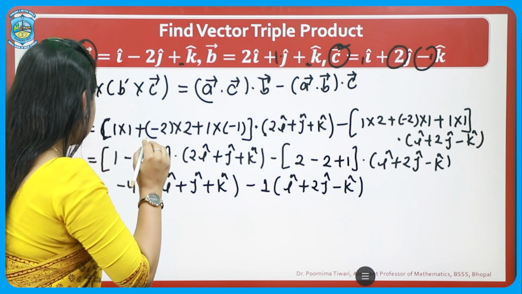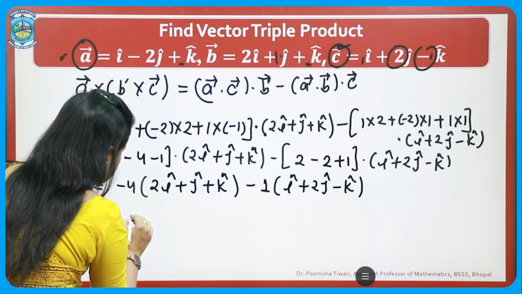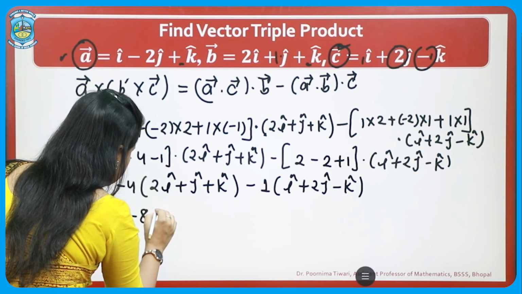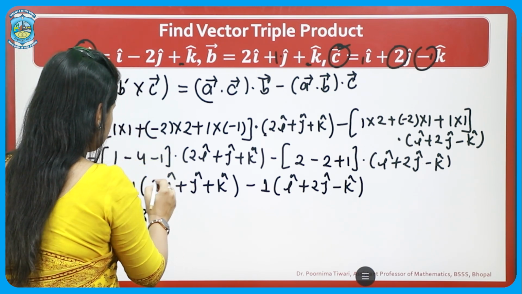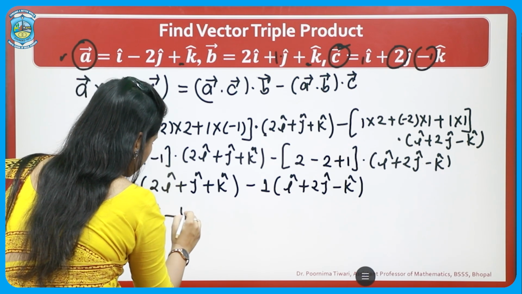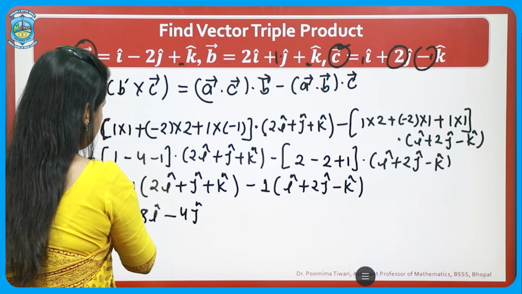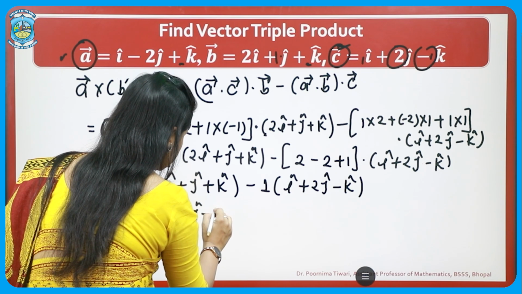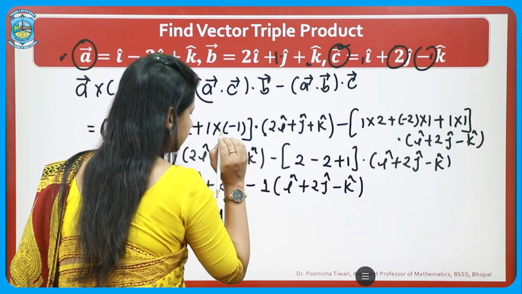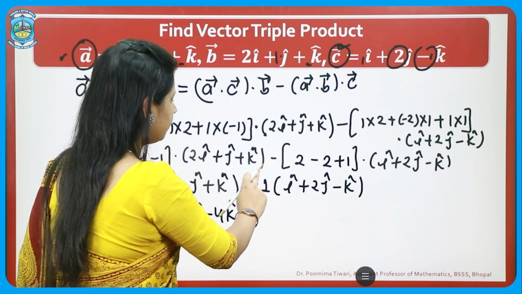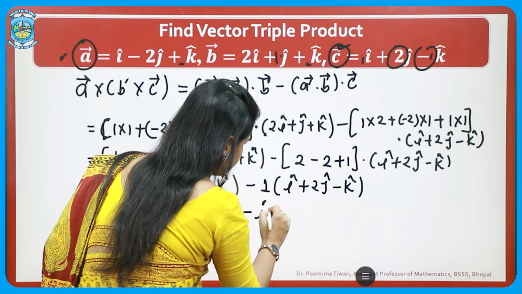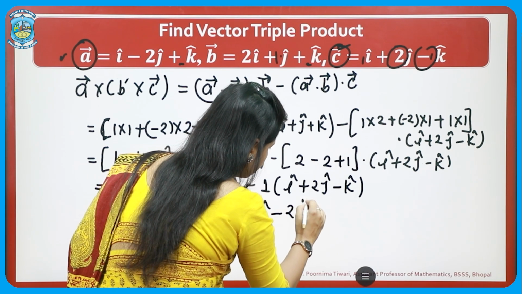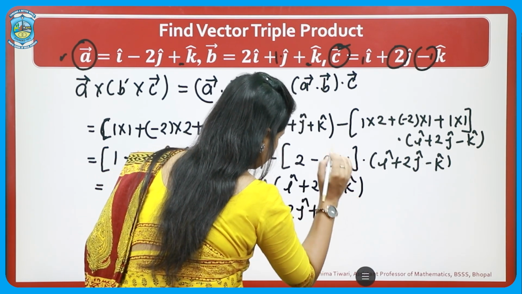When we further simplify it, we will get minus 8i cap, minus 4 into 2 is 8, and this i cap as it is, minus 4j cap and minus 4 into 1 is minus 4k cap. And here we will multiply with this minus 1, so we will get minus i cap minus 2j cap plus k cap.